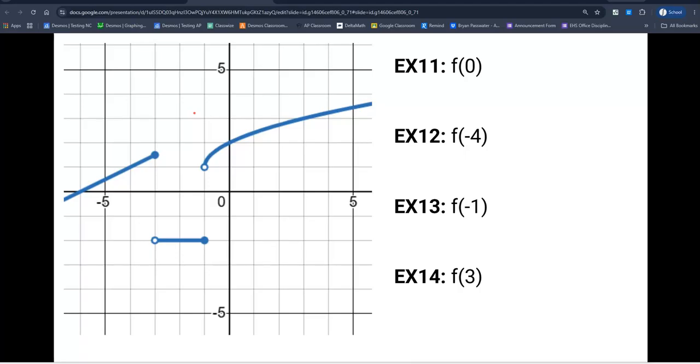I think I'm out of graph sticky notes. There's some scissors out there in that cabinet. Could you give every pair a set of scissors? Hopefully.